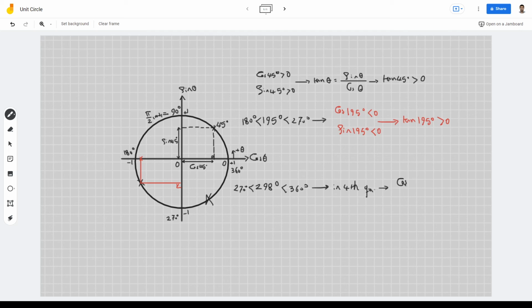So cos 298 degrees is positive. How about the sine? The sine of 298 degrees is negative. And based on these two signs, the tangent of 298 degrees is negative.